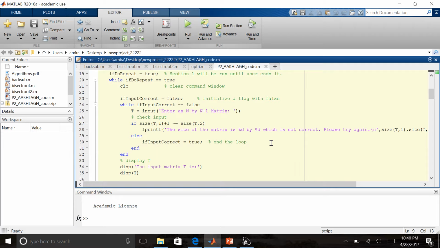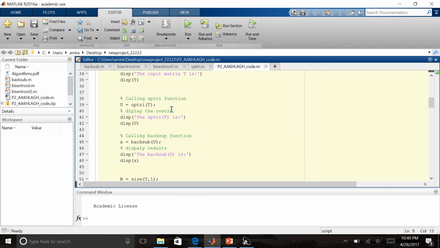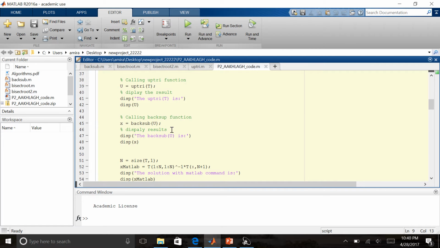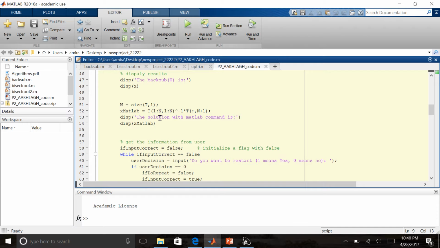Then we'll have the size. If the matrix isn't n by n plus 1, then we'll have it say that it's not by putting an fprintf statement. And if it is, then we'll end the loop. And we'll display the matrix T. After that, we will have the uptree function and the back sub function to solve our matrix. And then towards the end, we'll also have the MATLAB command.